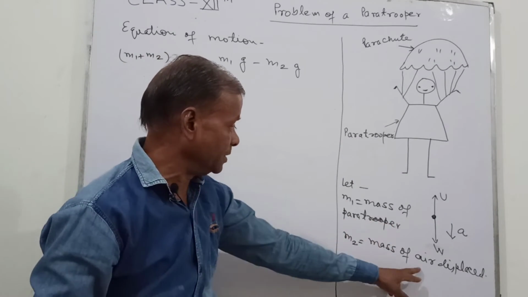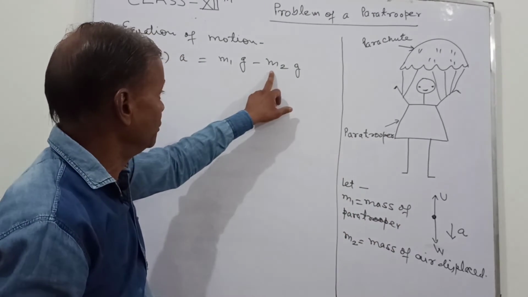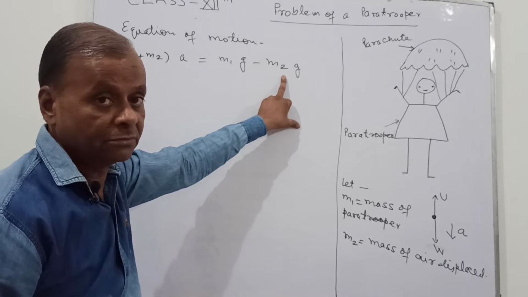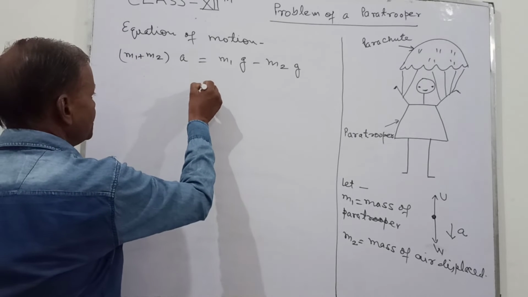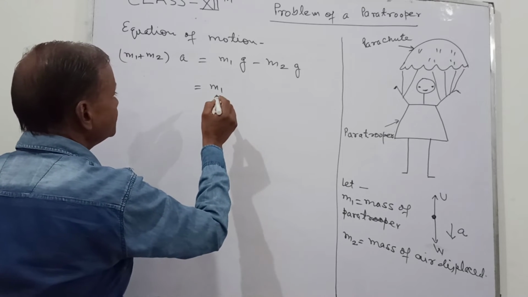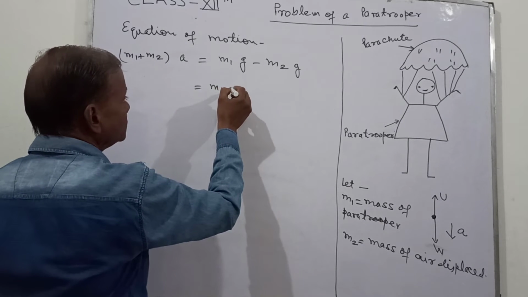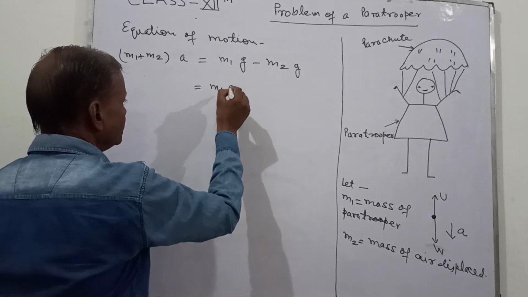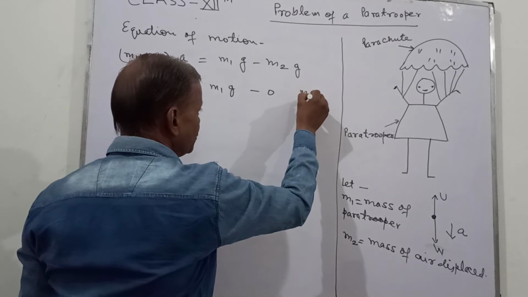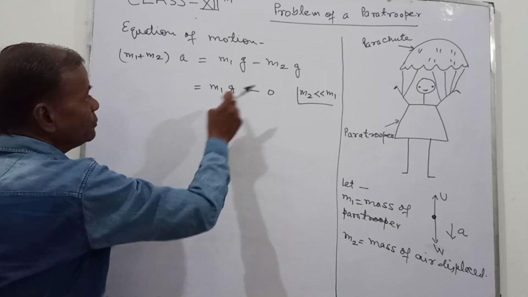Here m2g is the weight of the air displaced. This acts as an upthrust, and that upthrust will be equal to m2g. Here we consider that this upthrust is very small, so this is equal to m1g minus 0. We consider that m2 is very less than m1, and in this condition it will be equal to 0.